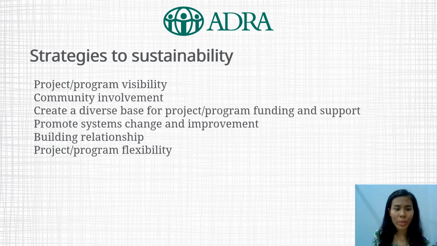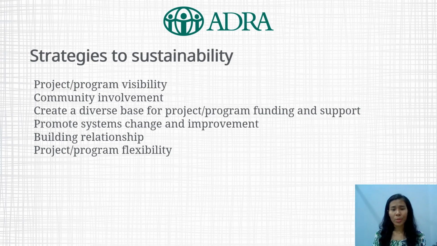And point number 3, create a diverse base for project program funding and support. So how do we build capacities and resources of even the poorest communities, and not just do a dole-out project, which will do them more harm than good? So number 4 is promote systems change and improvement.